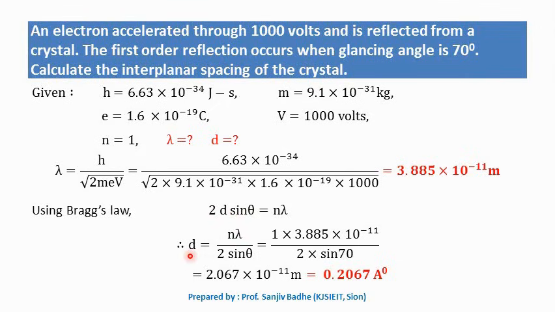So d can be written as n lambda upon 2 sin theta. All the values are known. We can calculate the value of d as 2.067 into 10 raised to minus 11 meter, which is equal to 0.2067 angstroms. So the interplanar spacing in this problem is 0.2067 angstroms.